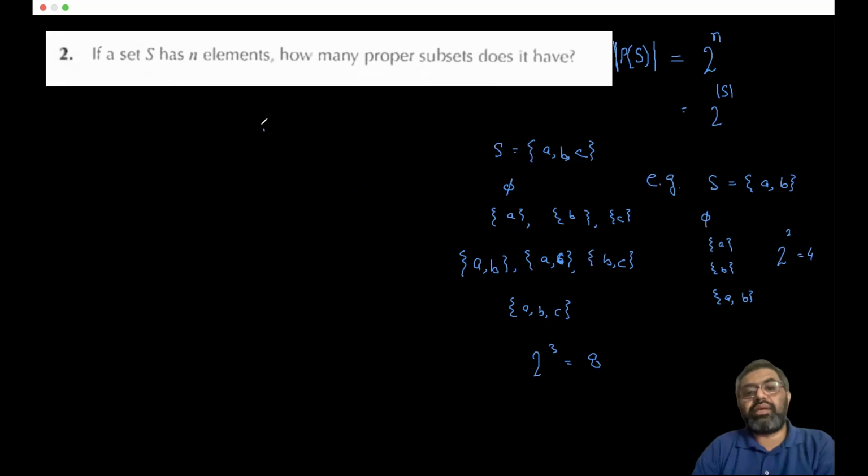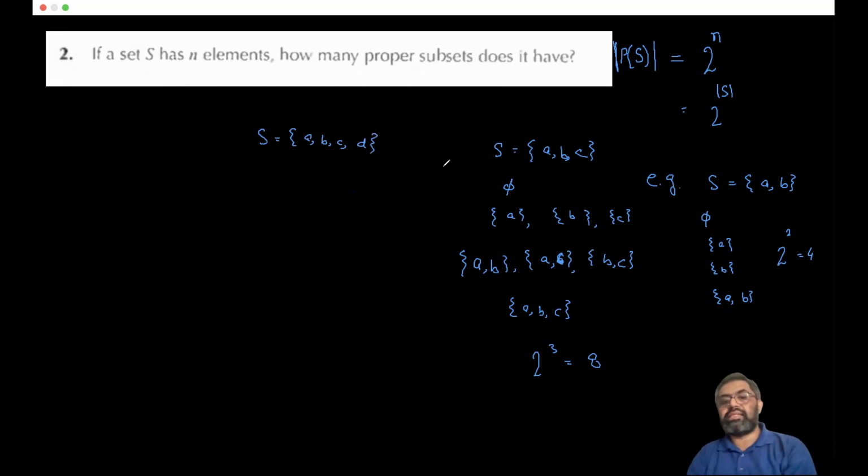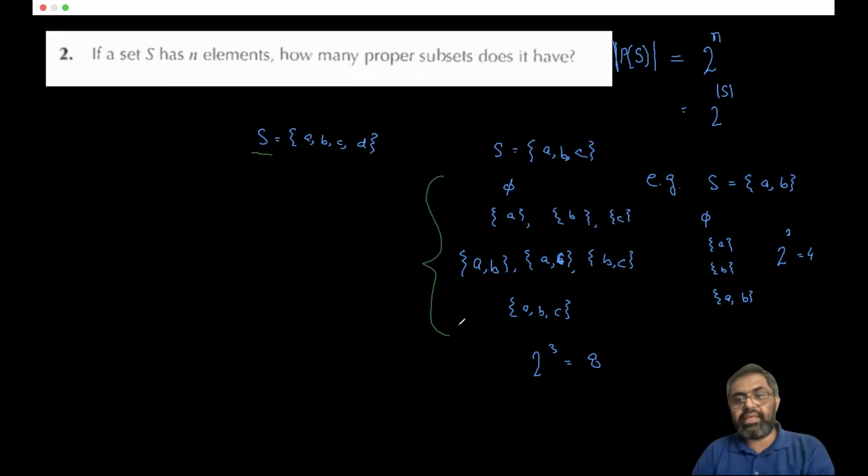If we add one more element, S is equal to A, B, C, D. What happens now? D is attached to all these elements. Whatever are subsets of the previous set, the new set S contains all these 8 as subsets. This will be part of this ABCD set.